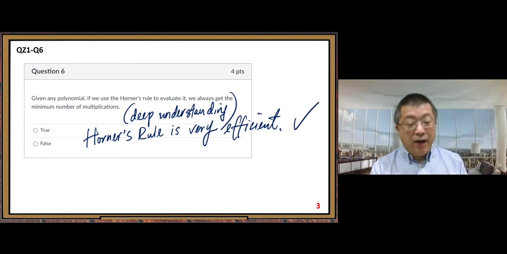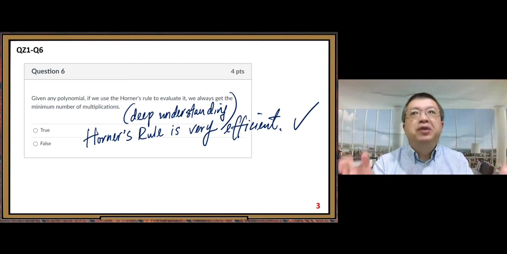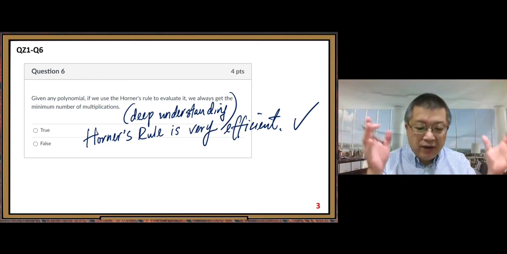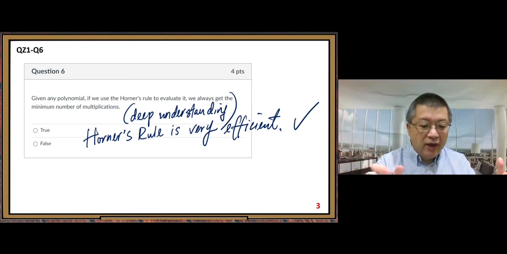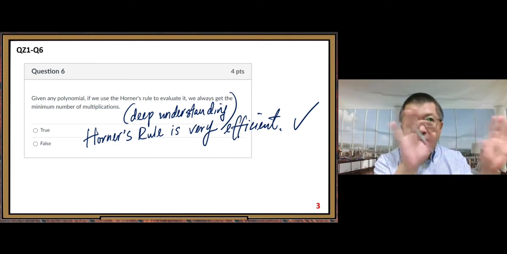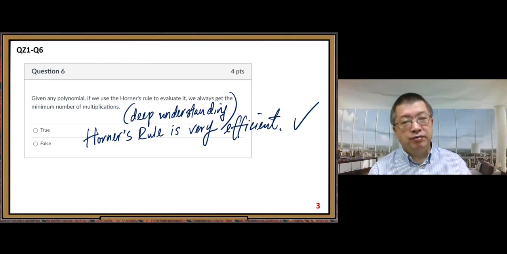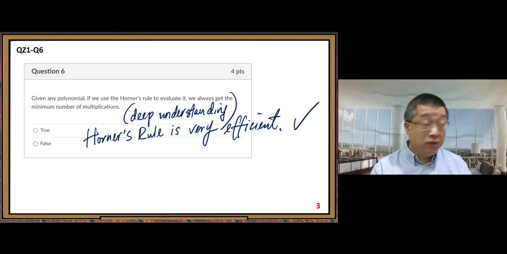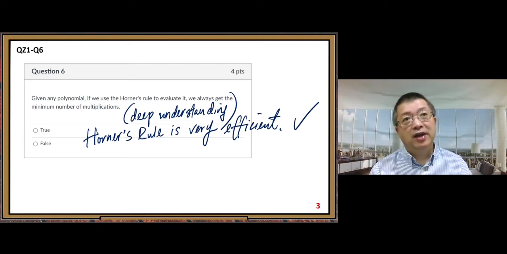Now you have this impression, very efficient. Then you tend to make the conclusion that no other way can beat Horner's rule. You tend to have that kind of impression.